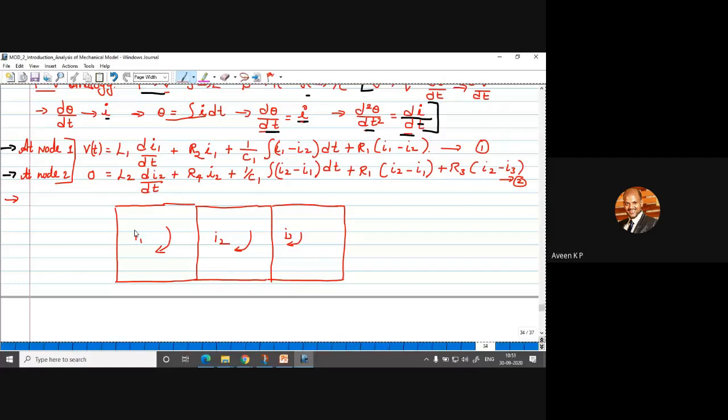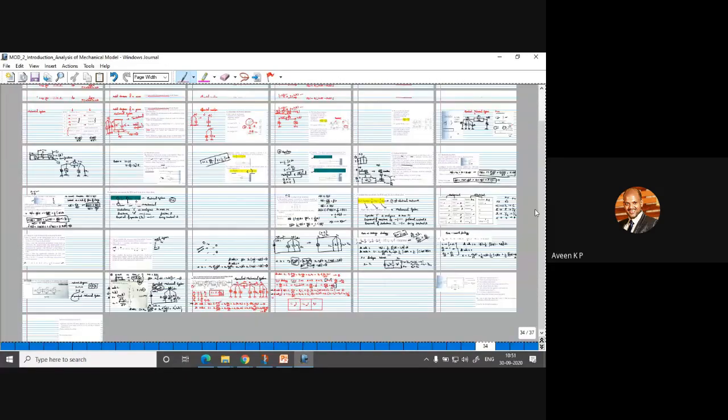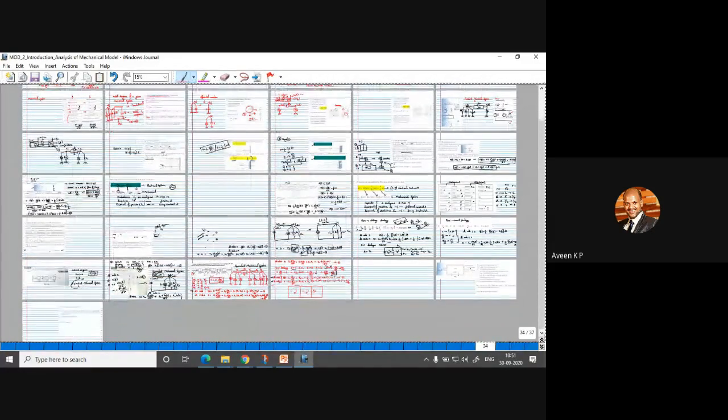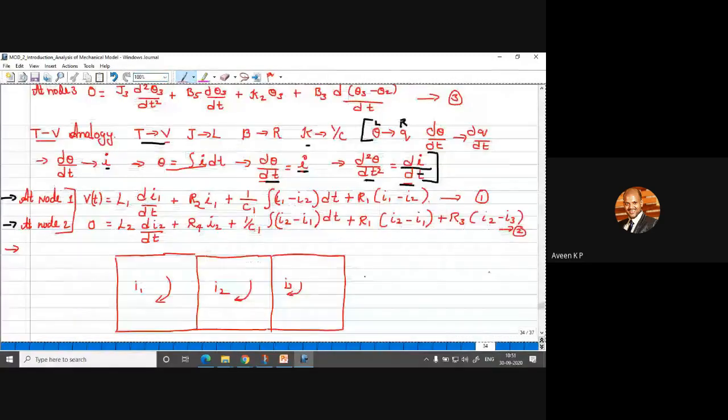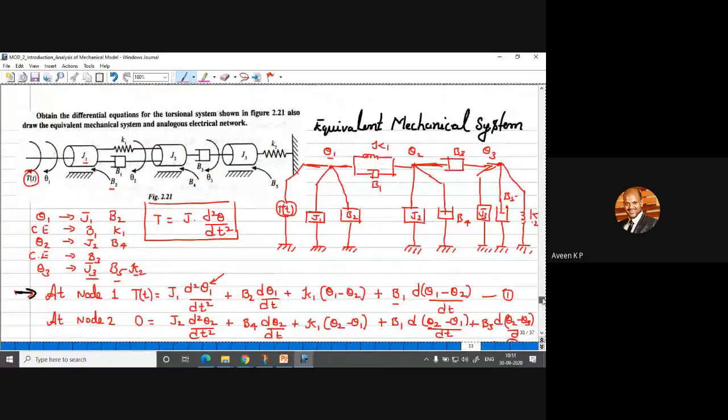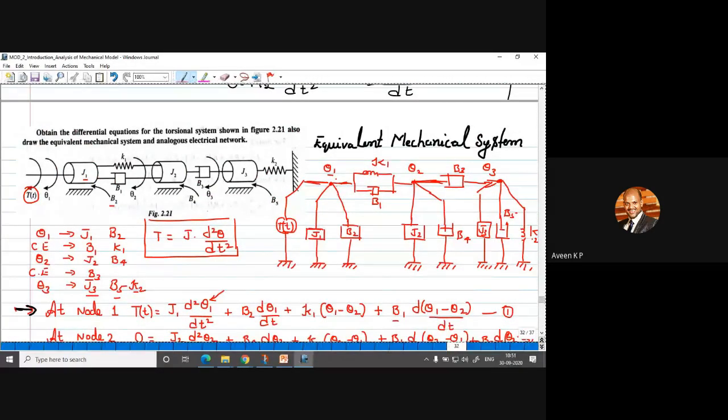Okay, so if I check under theta 1, we have J1, B2.